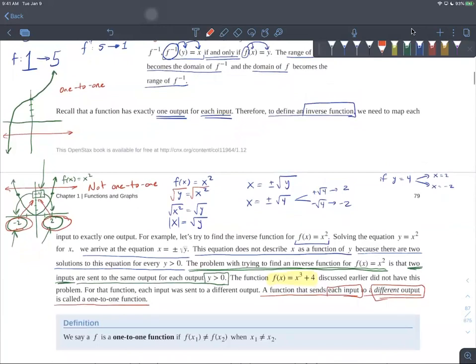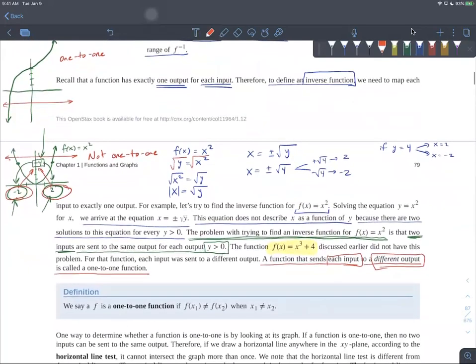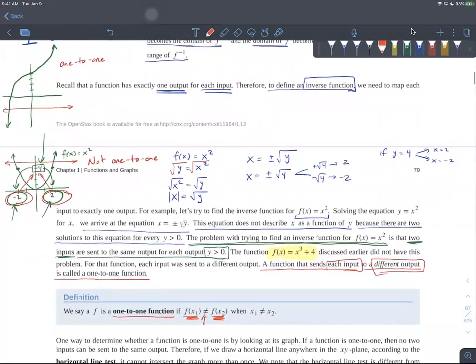Here's the formal definition for one-to-one. We say a function f is a one-to-one function if the output value f of x1 is not equal to f of x2 when x1 and x2 are not equal. So let's go ahead and show how f of x equals x squared fails to be one-to-one.